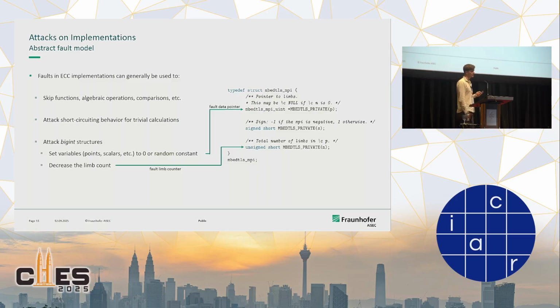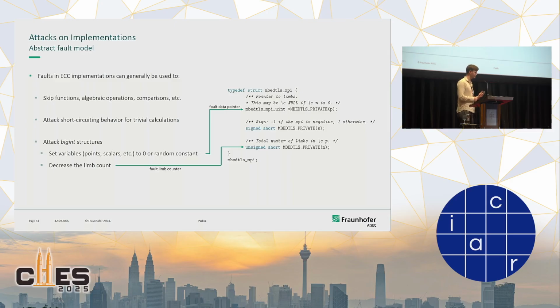Since we are mostly looking at software implementations for general purpose microcontrollers here, these implementations also have to somehow store the values that they are calculating with, and for that they usually use some kind of bignum structure, which looks like this here on the right.